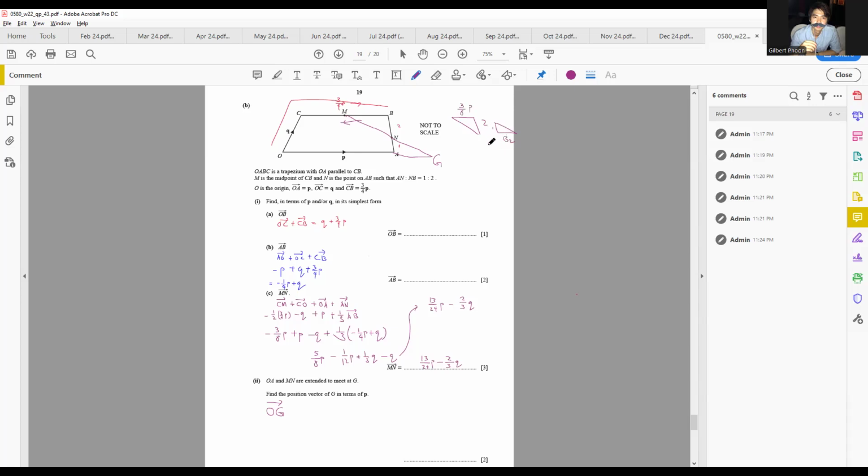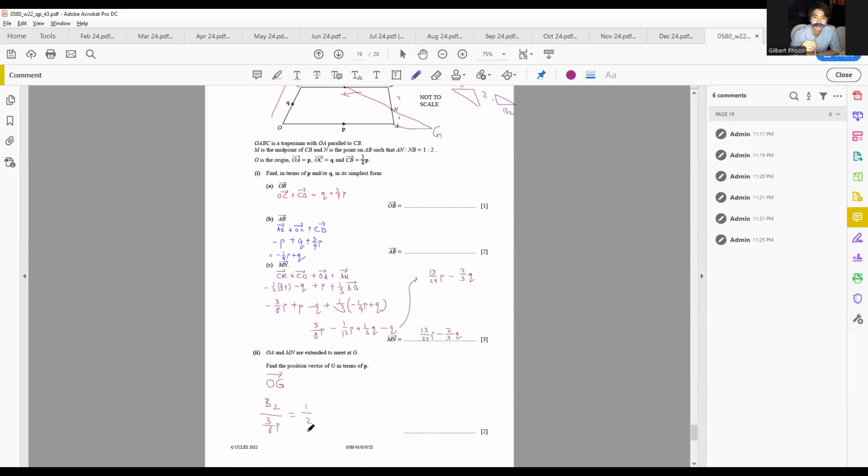Then from here, we can just substitute our values using similar triangles. The base of the smaller triangle over the base of the bigger triangle is equal to the side ratio, which is 1 to 2 like this.